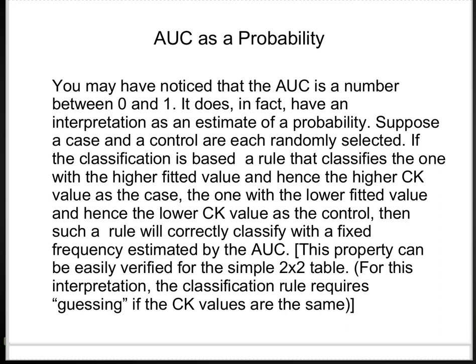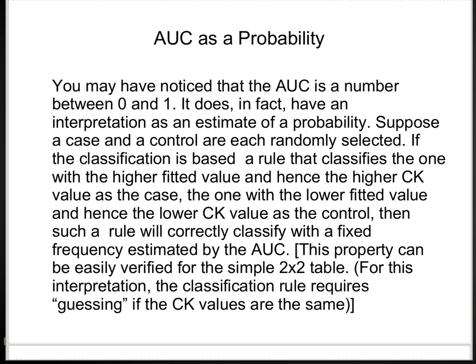So, if you, with this game, assign the person as the case, to the higher of the two fitted values, and the control to the other, then the probability you've made the right classification is the AUC. So you can see the AUC, we would anticipate then, for all sensible models, would be greater than 50%.